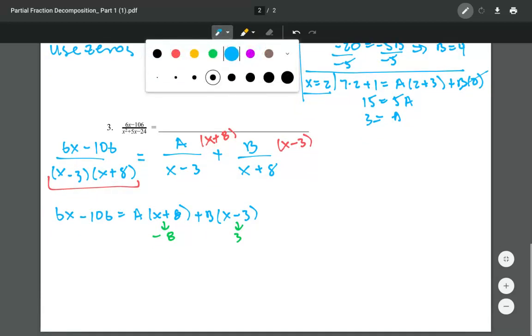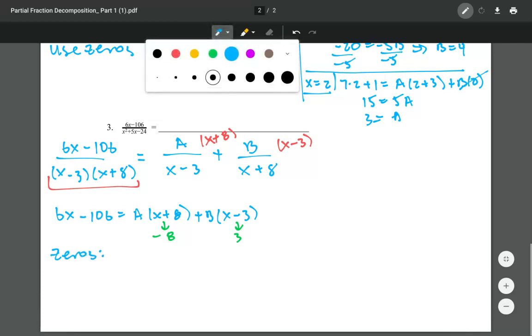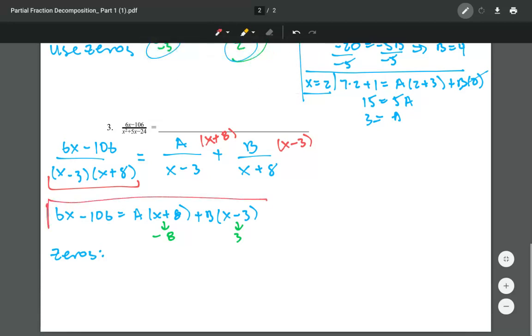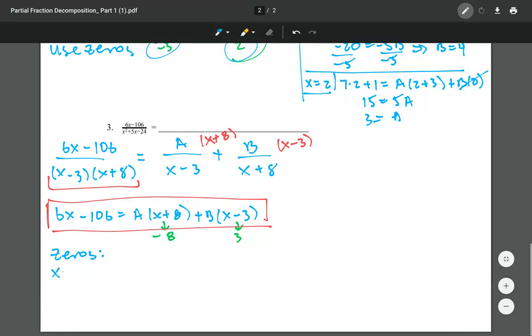So let's start using our zeros. Let me put a box around our equation so we can keep our eye on what we're using. I want to start with x equals negative 8. Moving that through my equation, I get 6 times negative 8 minus 106 equals A times negative 8 plus 8, which is 0, so that goes away, plus B times negative 8 minus 3.